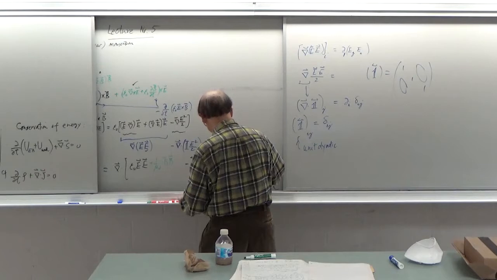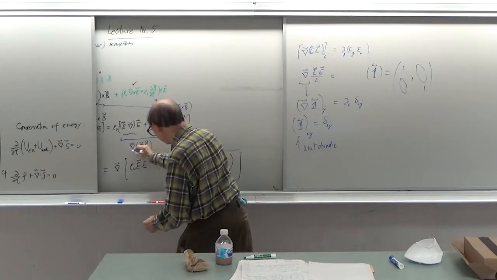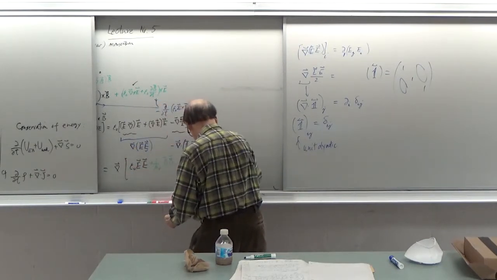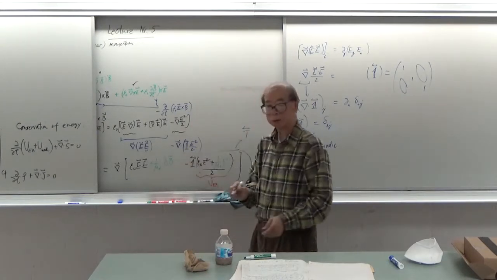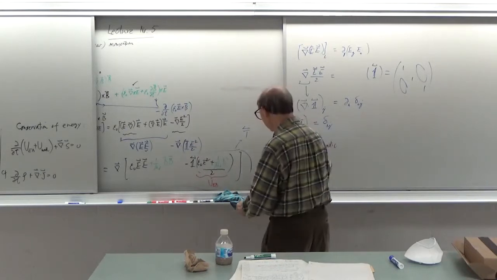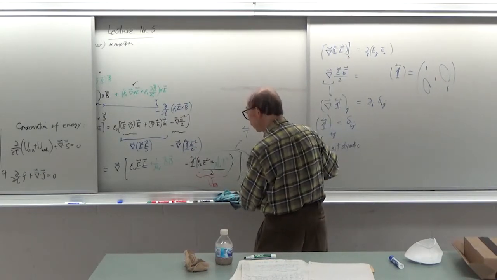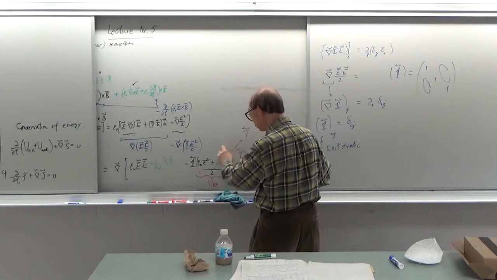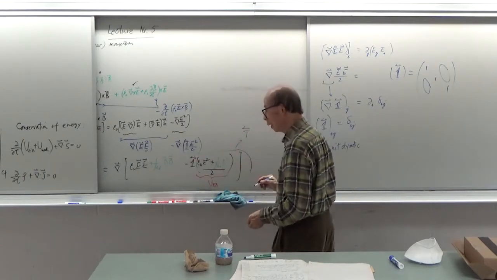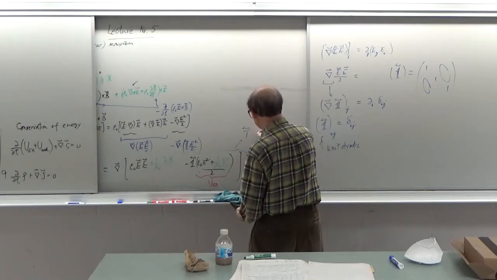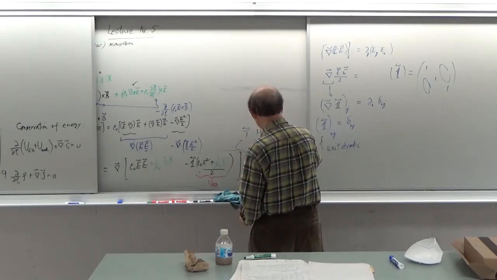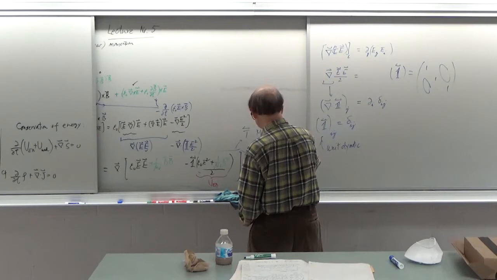This whole thing is denoted by T with two arrows, since it carries two indices. Some people use minus T for this, but I think Griffiths used plus T here. And this is known as the Maxwell stress tensor. It's a tensor with two indices.